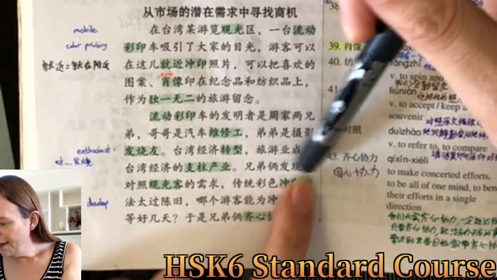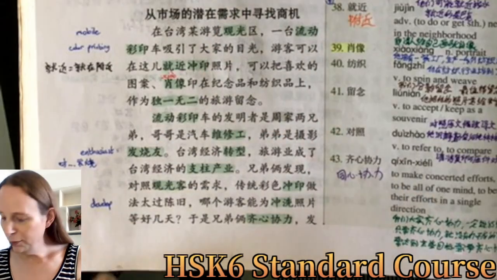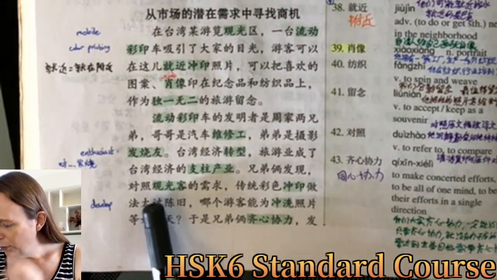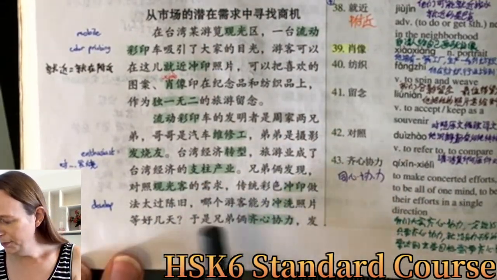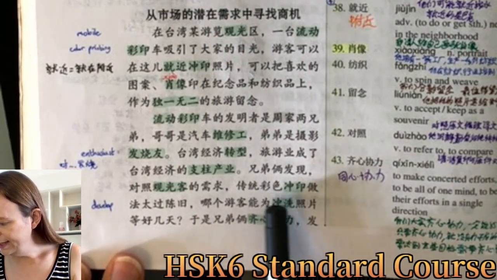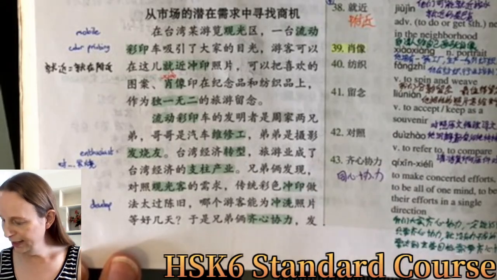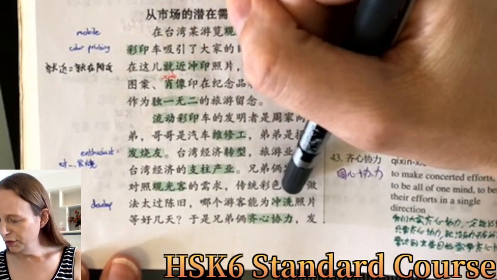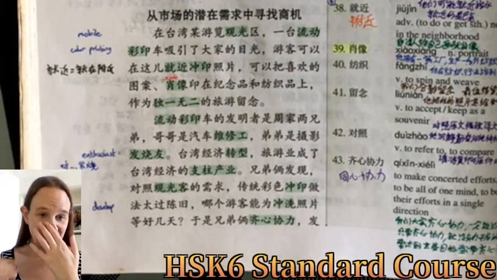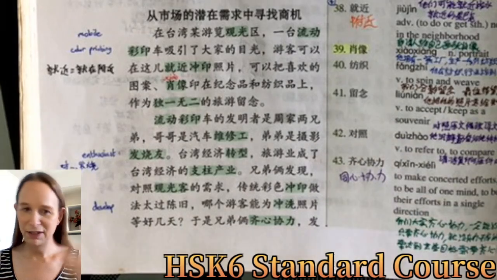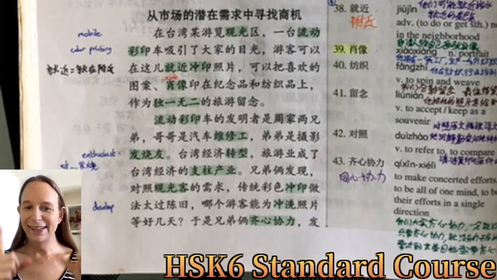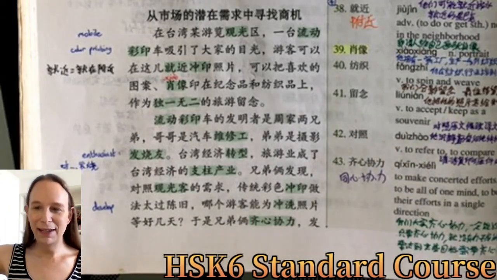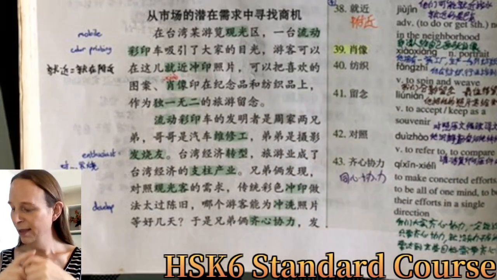兄弟俩发现，对照观光客的需求，传统猜测冲印做法太过陈旧。So 冲印, this is the developing process. Maybe you go to, like in the old days, you'd take photos and take your film and give it to someone to develop.